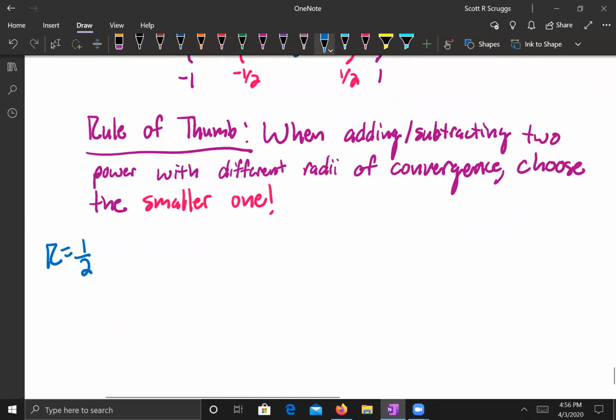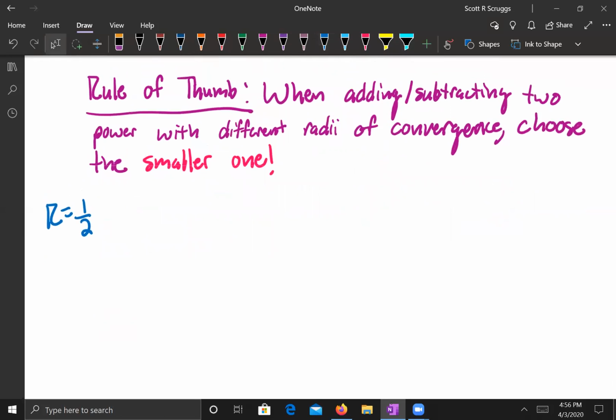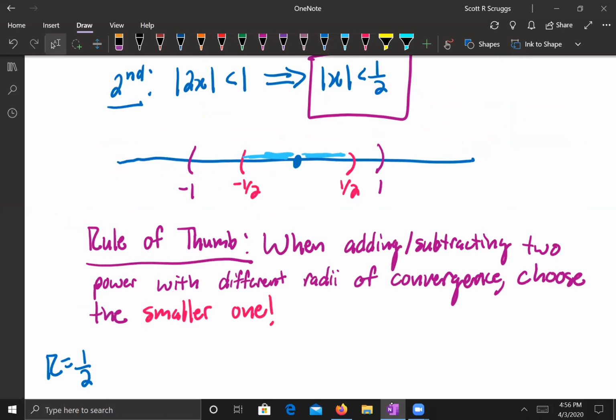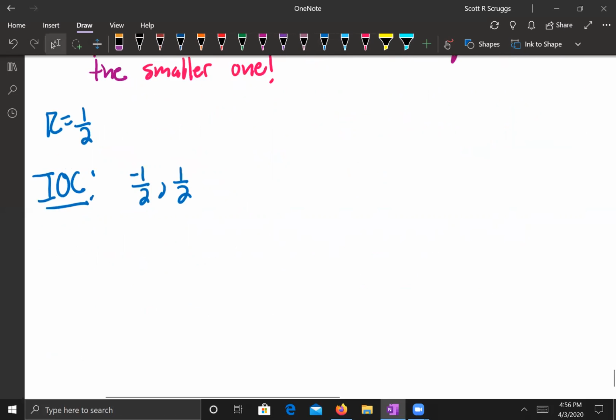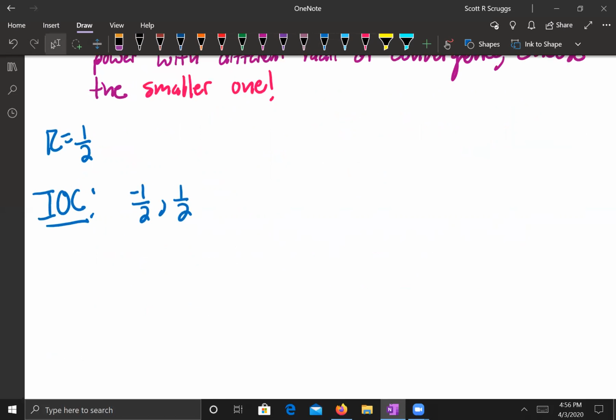And now the interval of convergence. As we talked about, centered at 0, less than 1/2, so -1/2 to 1/2. Correct. That's essentially it.